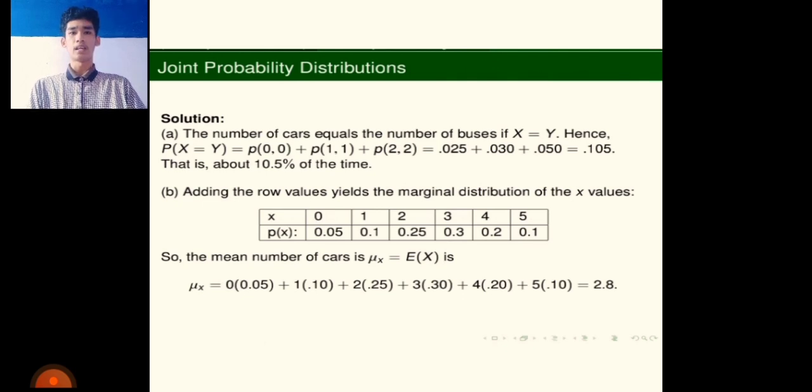Solution B. To find the marginal distribution of x and y, first is the marginal distribution of x. Adding the row values yields the marginal distribution of the x values.